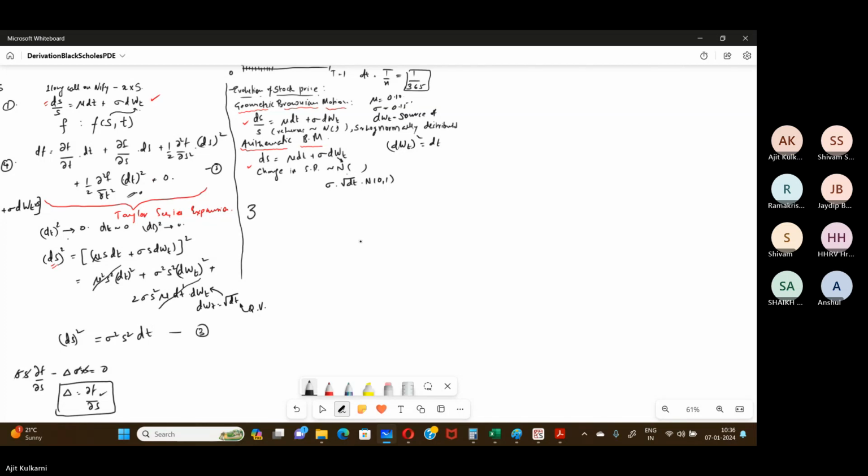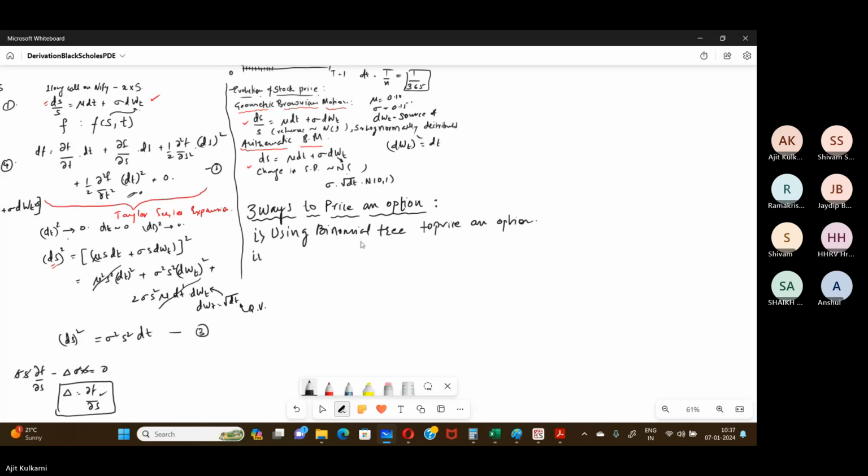The first way we saw yesterday, using a binomial tree to price an option.